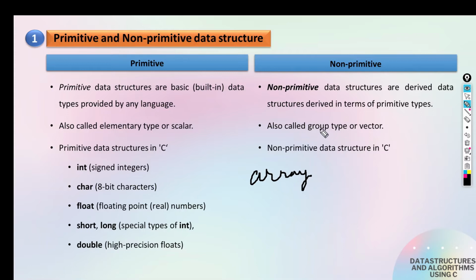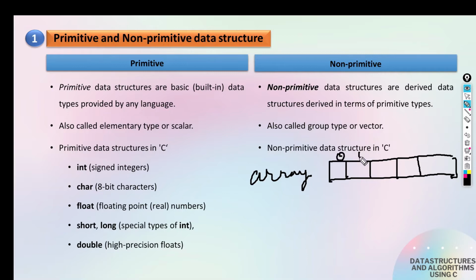Array is also called a group type or vector. It is a collection of data elements, but they are all of the same type and they are stored in memory in a contiguous form.